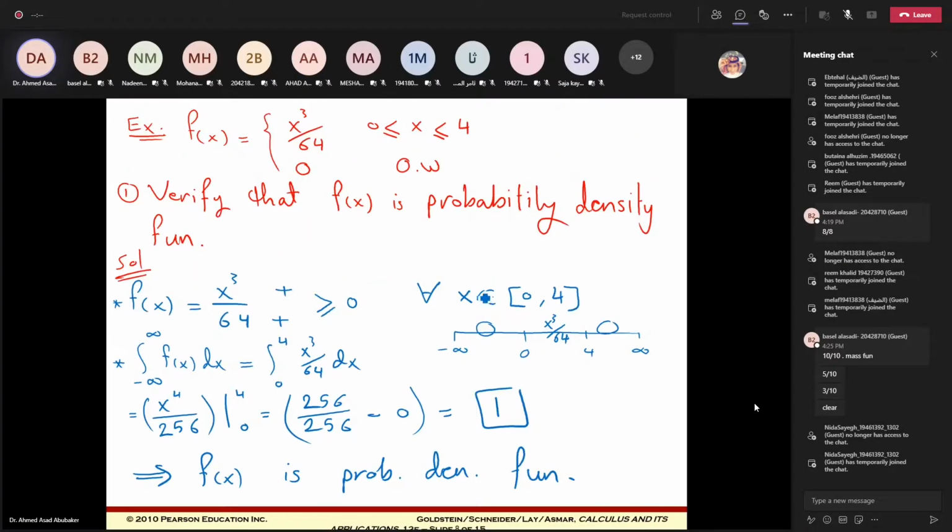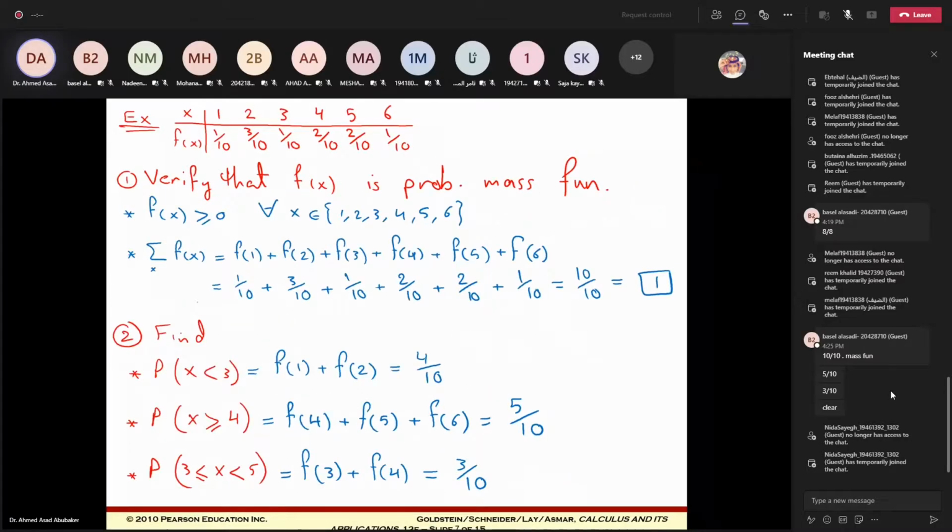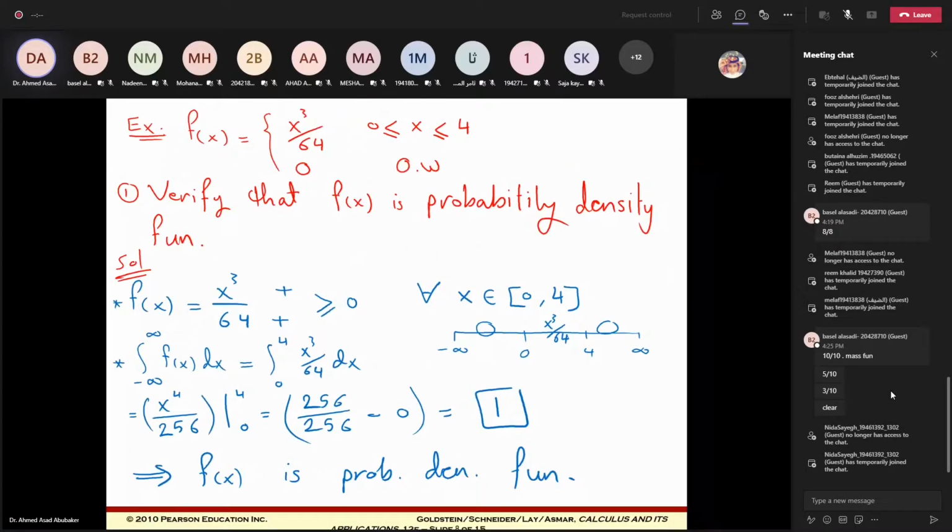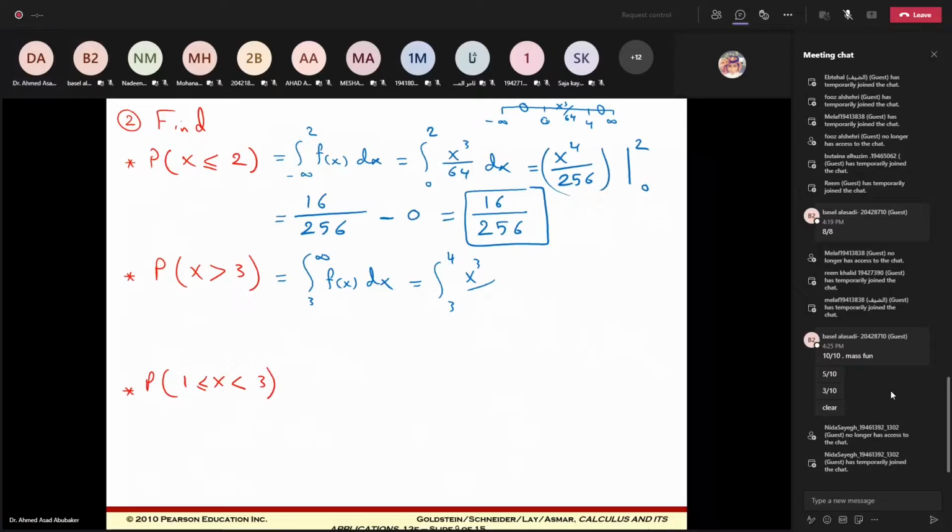64 dx. This equals, after integration, x to the power 4 over 256, and substitute 4 and 3.